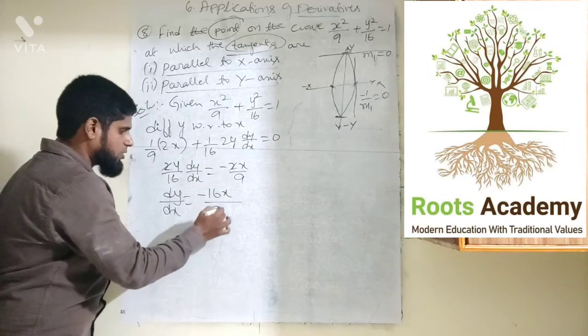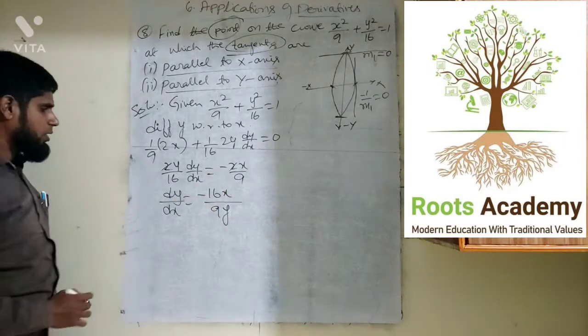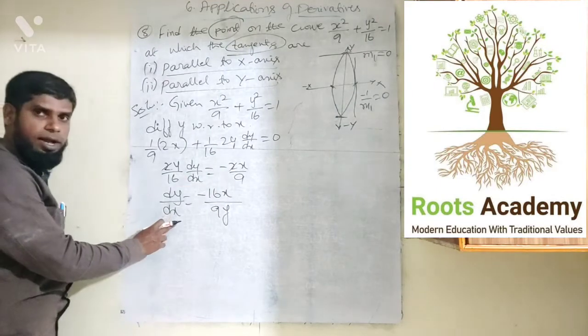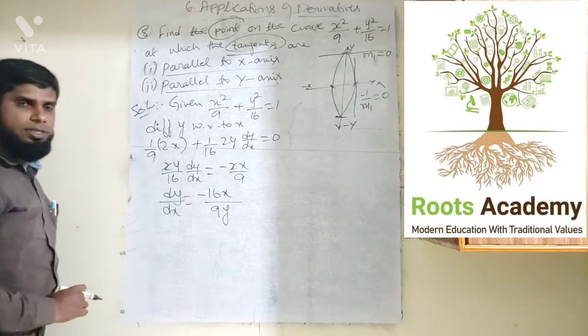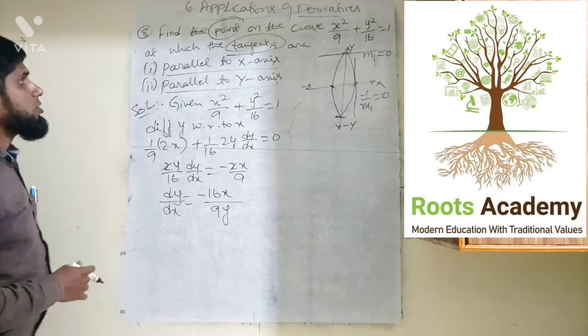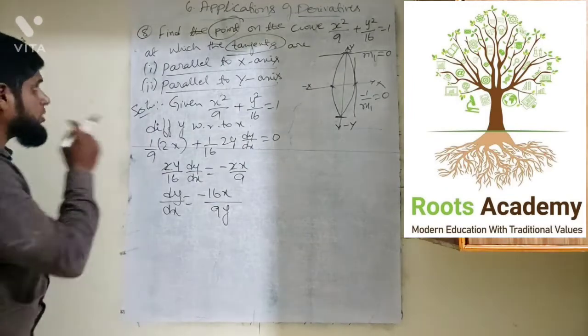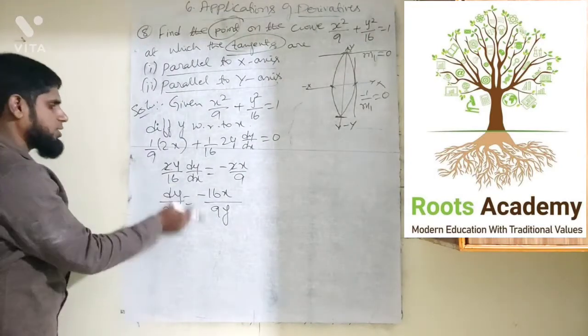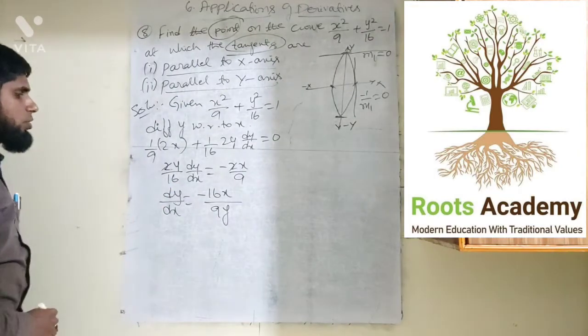So this is our dy by dx, or you can also call it the slope of tangent. Since it is parallel to x-axis, let us consider its slope is 0 to find the point.